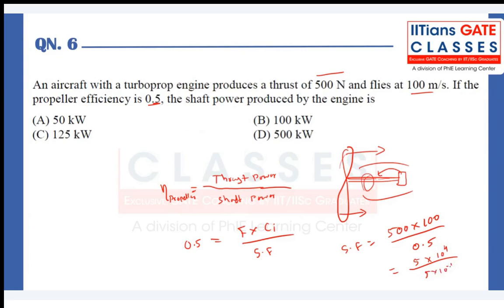So 5 cancels, and it is going to be 10 to the power of 4 plus 1, 5. So it's going to be 100 kilowatt, right? Option B.